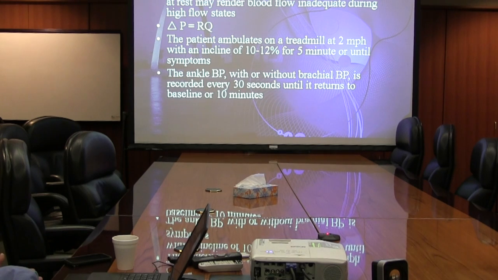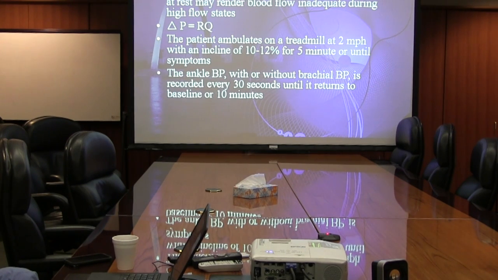I know you all know that doesn't mean you're done, but a lot of referring doctors think, well, there's nothing wrong then. The important thing is when you walk, you require much more blood flow to your skeletal muscles, so the flow increases up to 10-fold.